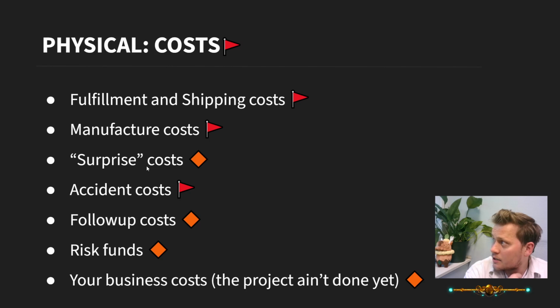Then you have accident costs. Accidents are, let's say from A to B, from, let's say, manufacturer to fulfillment house, a lot of the items got damaged in shipping. Like, who deals with this stuff?